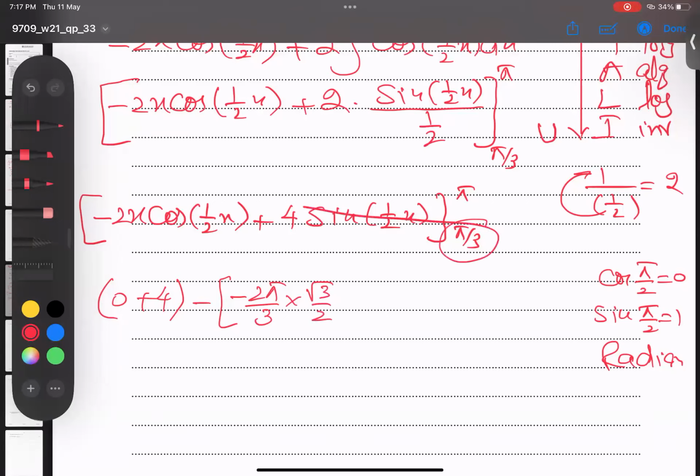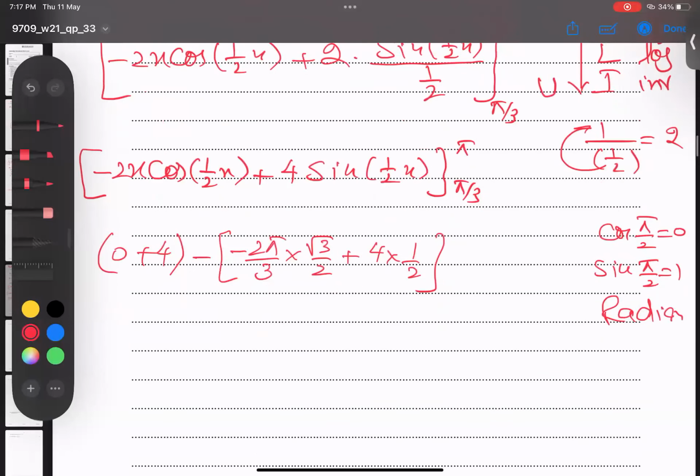You can check in the calculator even. Plus 4. When I plug in pi by 3 here, just a minute, let me recheck. It's pi by 6, and pi by 6 is 30 degrees. Yes, this is half, correct. What I'm doing is correct. This is a half.